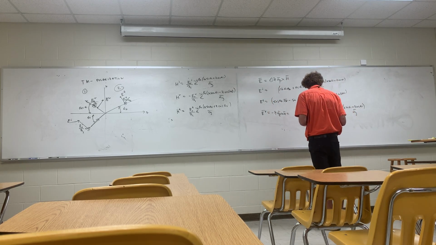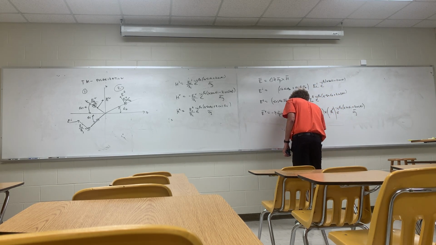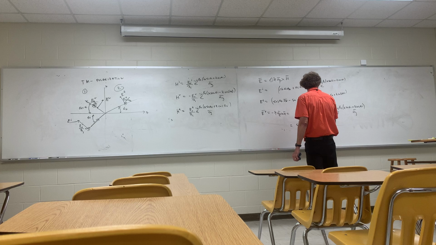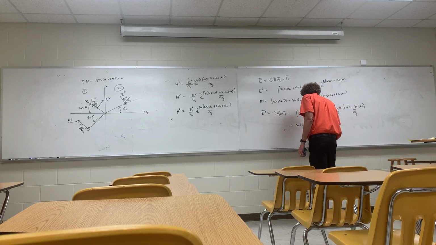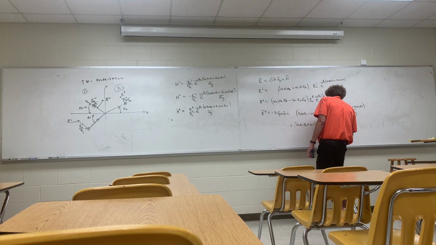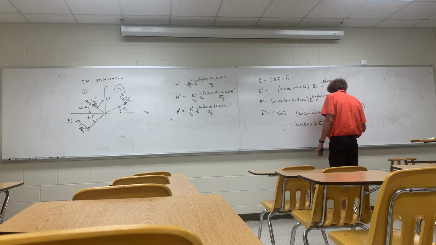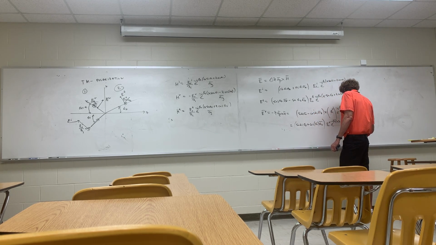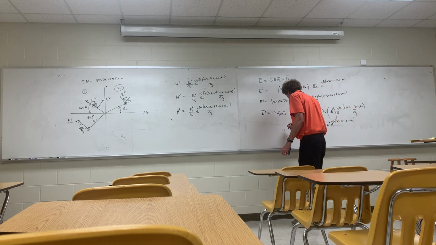Now, when I do the math on this, I get x crossed y is z, so I get sine of theta incident az, and then z crossed y is minus ax with a minus sign is plus cosine of theta incident or theta reflected, they're the same, ax, then it's times E naught reflected, e to the minus j beta 1 x sine of theta incident minus z cosine of theta incident. And that is my reflected field.